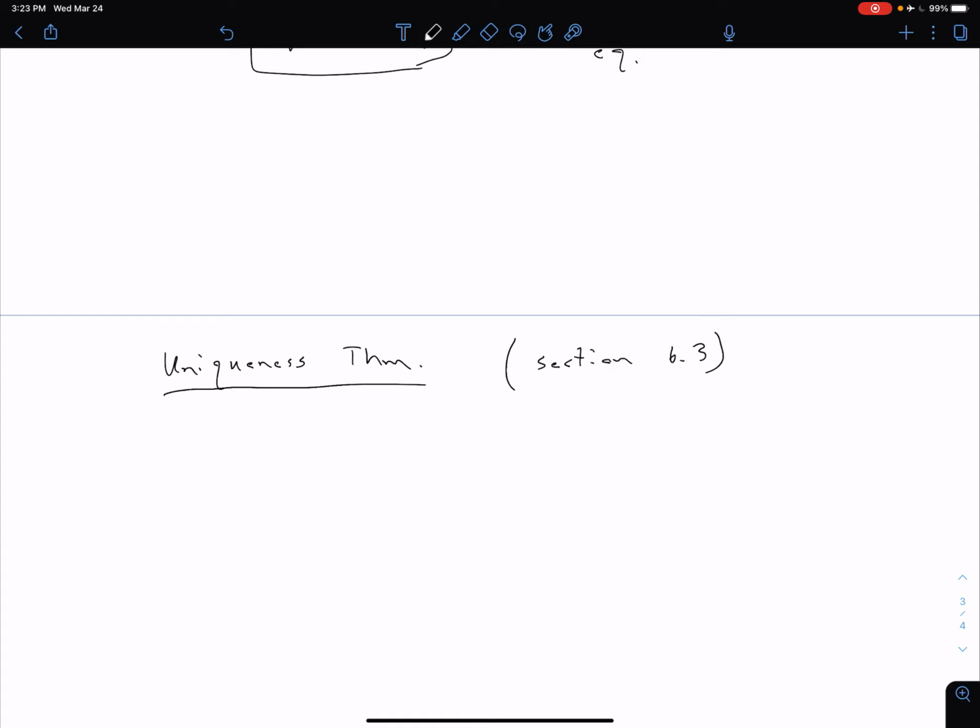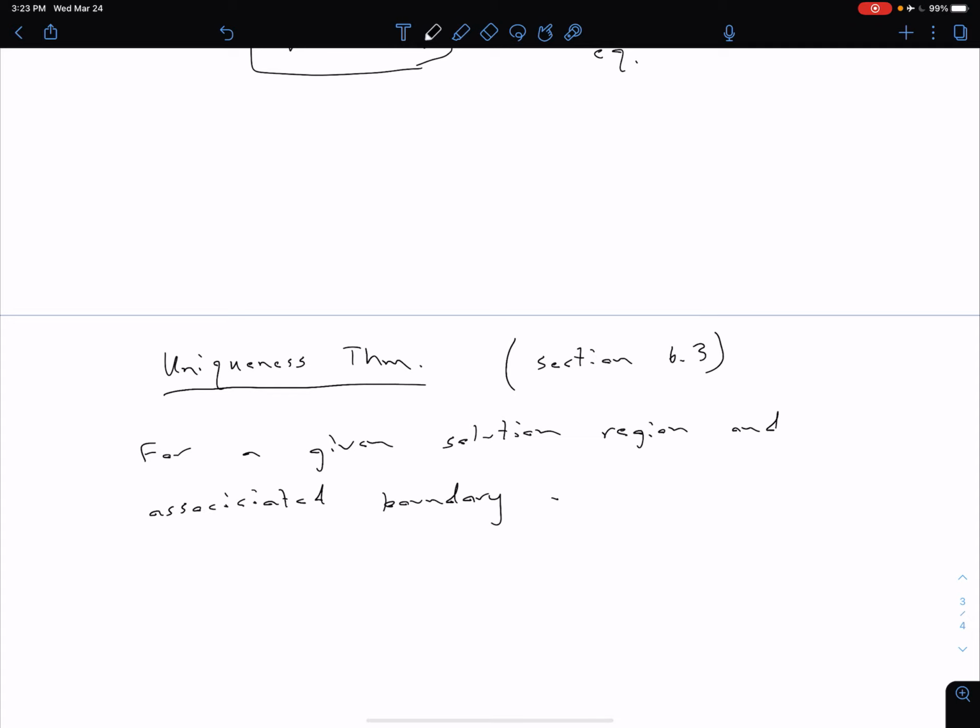So basically what we're saying is for a given solution region, so if we're talking about in between our parallel plates of the capacitor, and the associated boundary conditions, so and our given voltage that's on the two plates, and our given boundary conditions, the appropriate differential equation, whether it's our Laplace or our Poisson equation, is going to give us a unique solution.